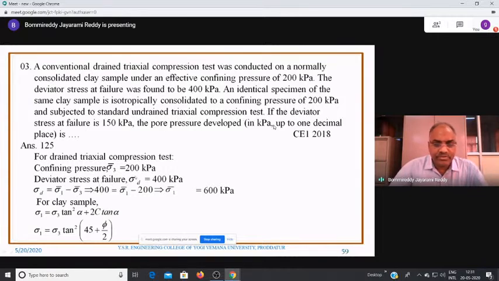So what is going to happen here? In this particular case, again the confining pressure is the same. Sigma 3 is the same originally, and now also it is the same. If the deviator stress at failure is 150. Deviator stress at failure is 150.